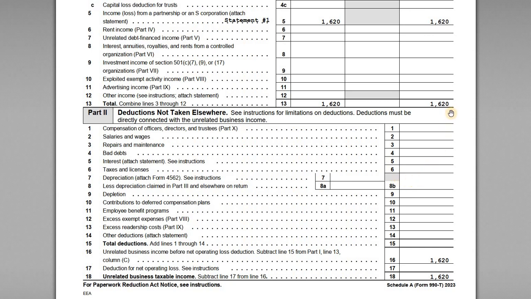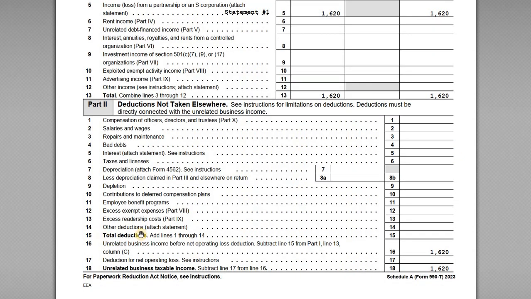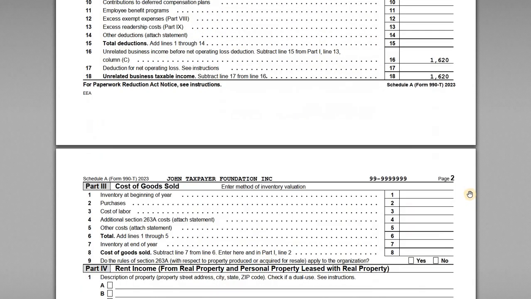If you have taxes allocated to this type of investment, those are things like excise taxes or foreign taxes that you aren't claiming a credit for. You want to claim it as a foreign tax deduction. You might have those there. And then in line 14, other deductions. Sometimes we see an allocation of the tax prep fees that we use to prepare the 990T. So you can have those listed down there if you want as well.